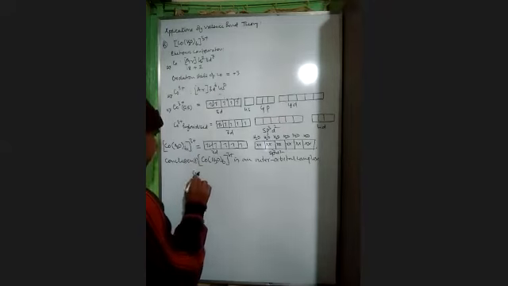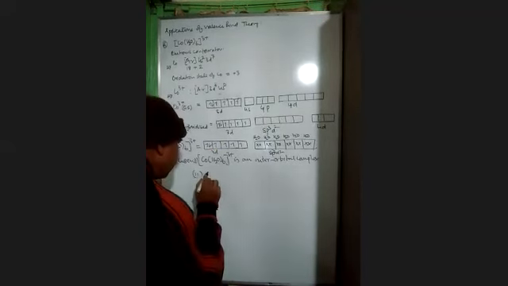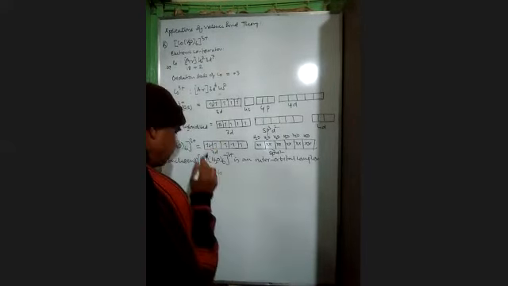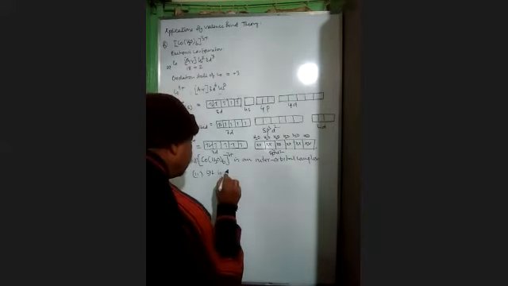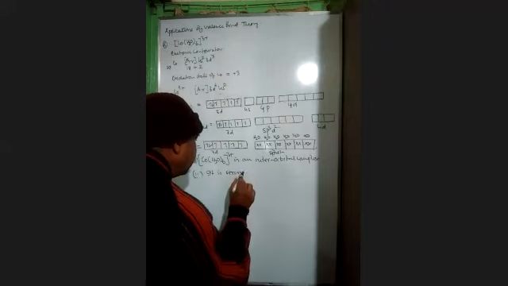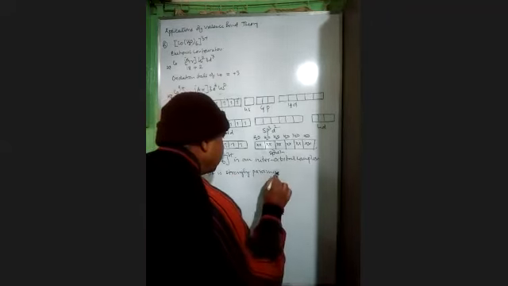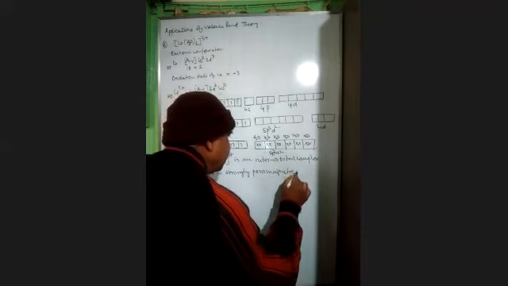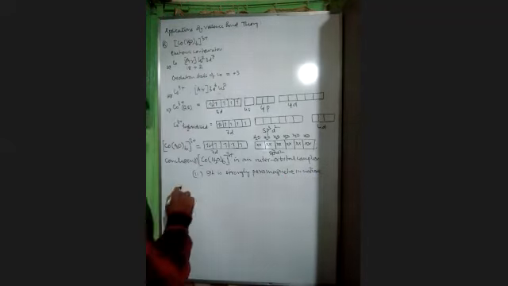So this is one. What is second? It has 4 unpaired electrons. So what should I write now here? It is strongly paramagnetic in nature. Now suppose in your exam they may ask you to calculate its spin magnetic moment.